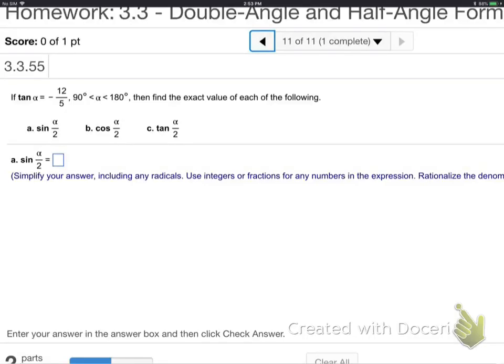Okay, so number 11, they're saying tangent alpha is negative 12 fifths, and alpha, notice, is an angle between negative 180 and positive 180. Yeah, this is a little tricky. So what are we going to do?